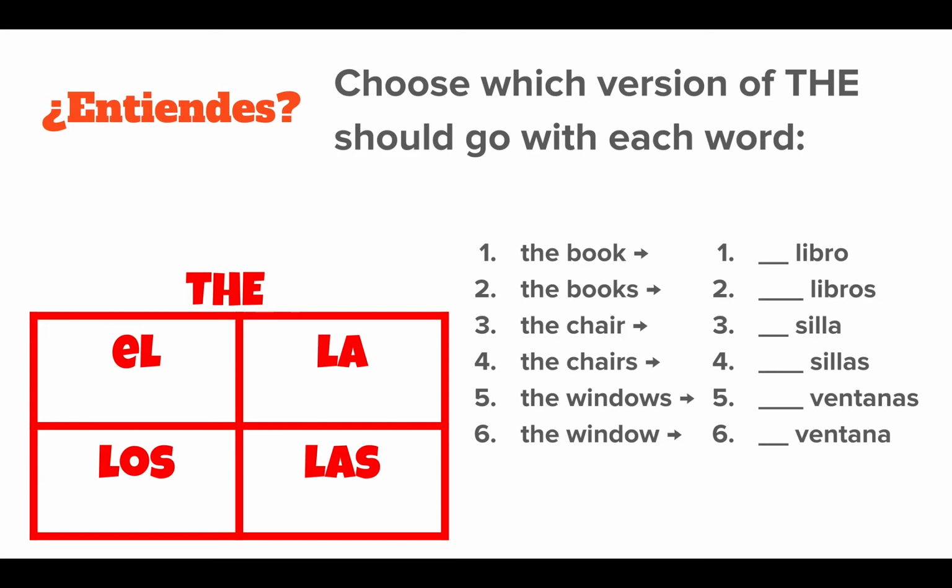We can do one as an example. The book. I see that libro ends in an O, and it's singular. So I want the singular version of the word the and the masculine version. You try the rest, and when you're ready, continue the video to find the answers.